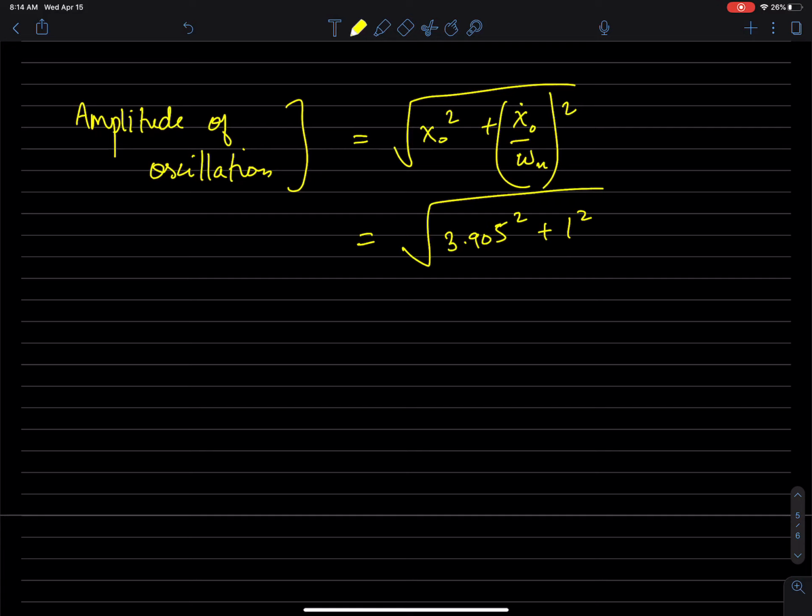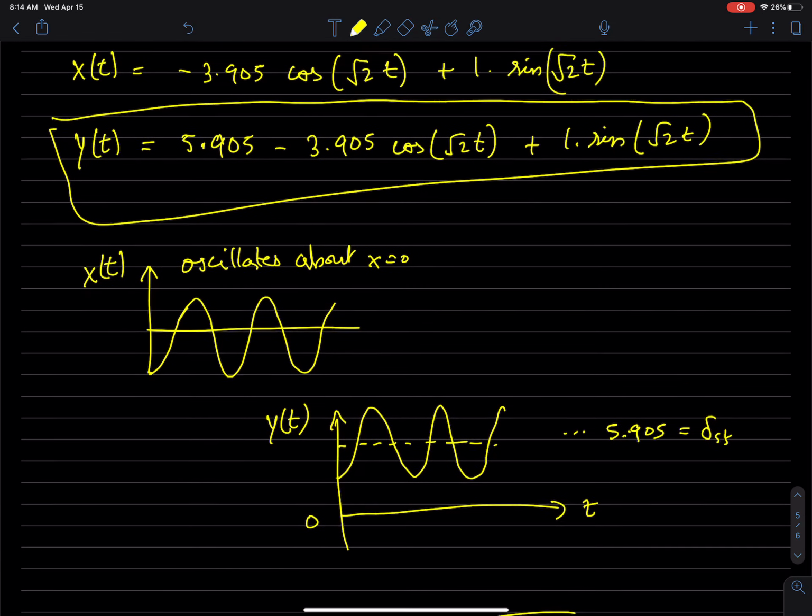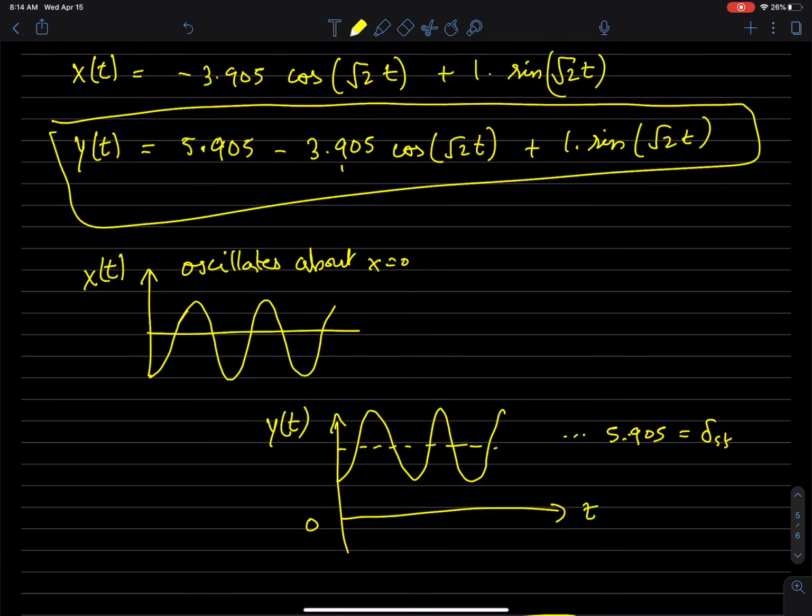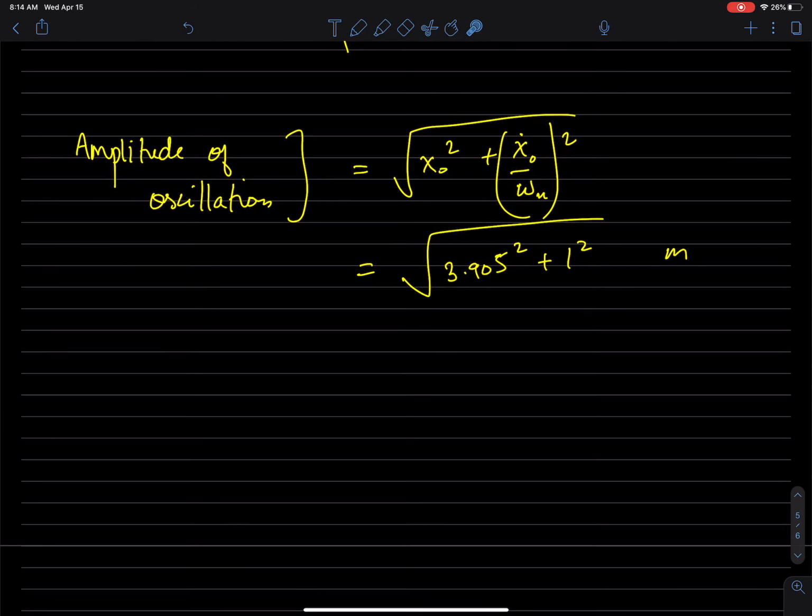So if we ask amplitude of oscillation, that's how we do it. Okay, it's the square root of sum of squares of the quantities that serve as the coefficients for cosine and the sine. Okay, so that's it.